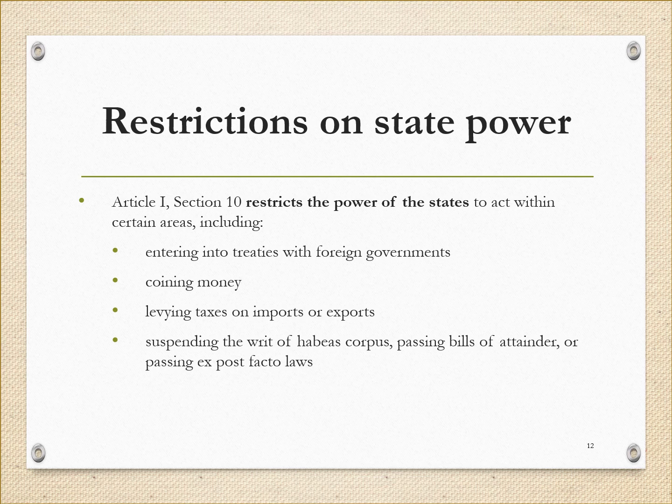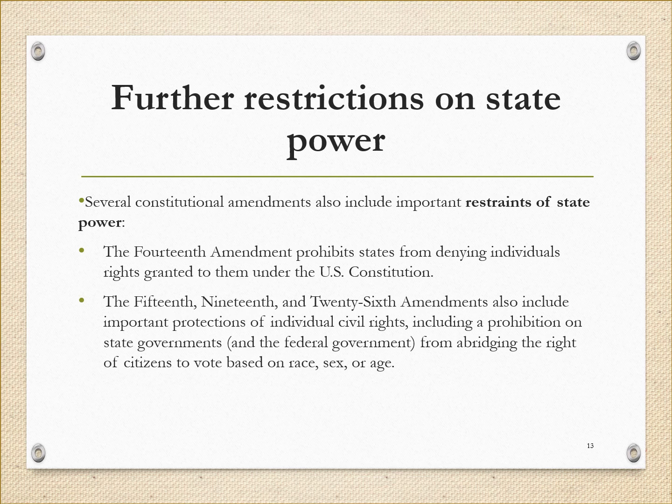So basically, the Constitution states states cannot do this. So Georgia can't go into China and make a treaty with China for importing and exporting goods. That has to be done through the federal government.